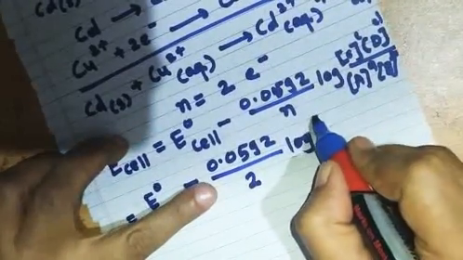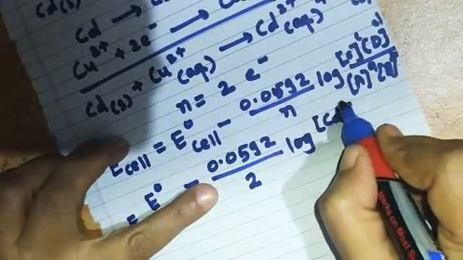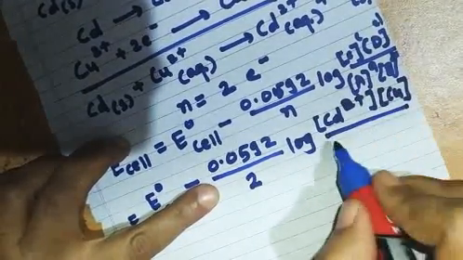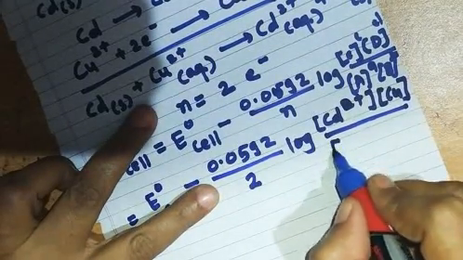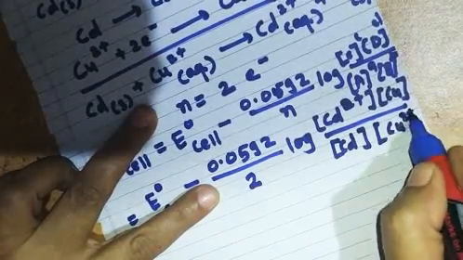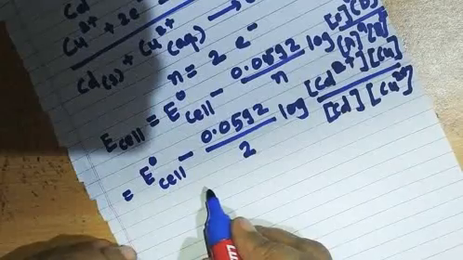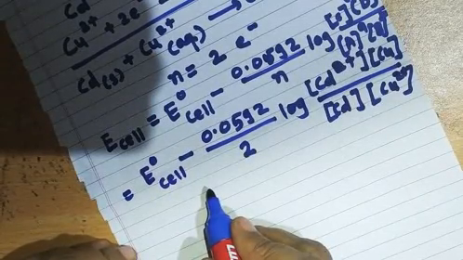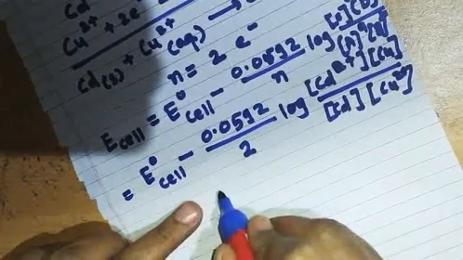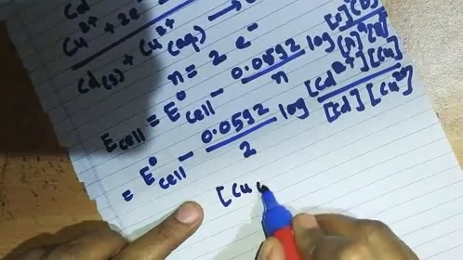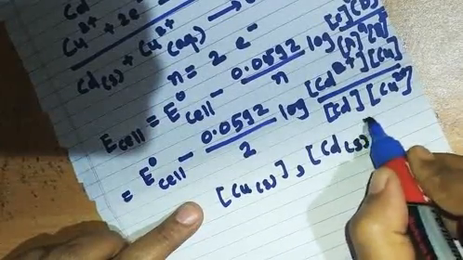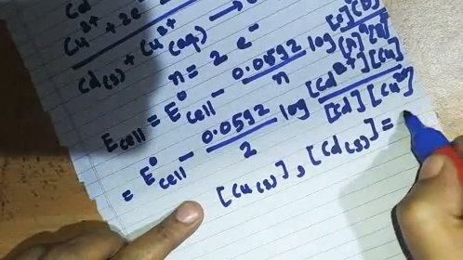Here the products are cadmium ions and copper in solid state. Then the reactants: cadmium in solid state and copper in ionic form. Here we have learned that when all substances are in solid state, they are in pure form, so copper in solid form and cadmium in solid form, their concentration is always unity.